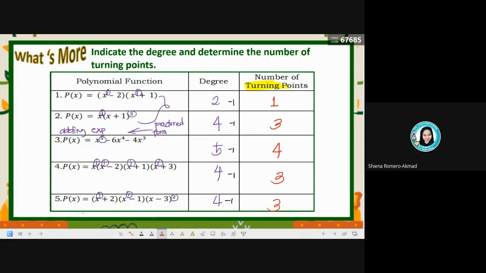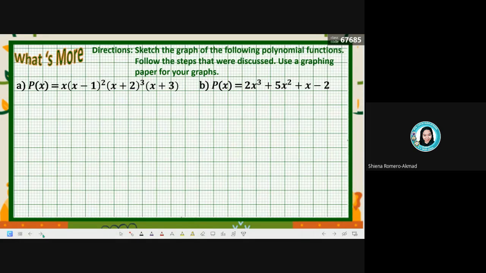Now, let us try to answer or graph the following. So, as you can see, yung una, ito yung p of x equals x times x minus 1 squared and x plus 2 cubed and x plus 3, makikita nyo dito that the given are in factored form. While in letter B, hindi siya naka-factored form.